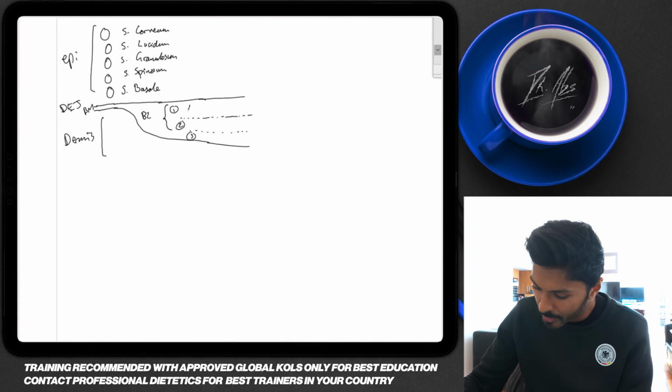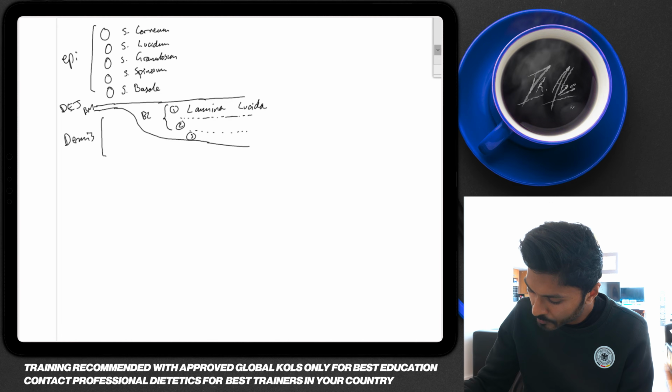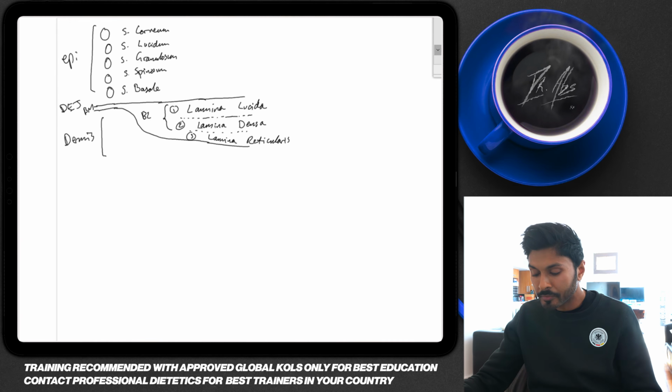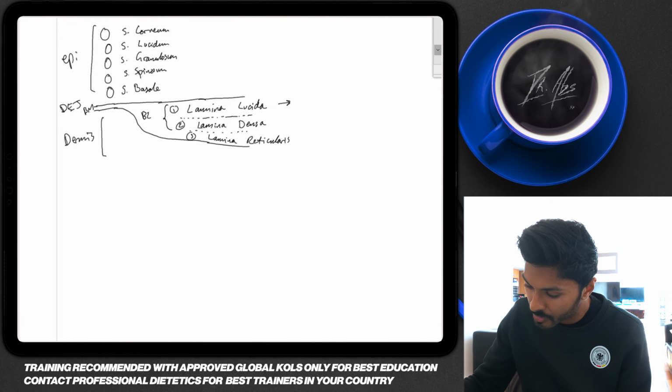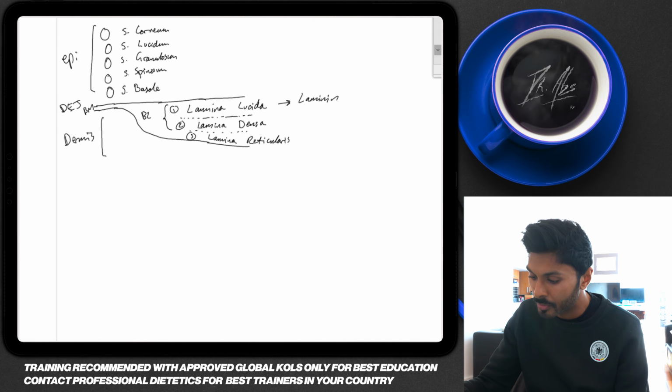Okay. So the top layer, we have the lamina lucida, and then we have the lamina densa, and then the lamina reticularis, okay? They're heavily dependent on certain things. So lamina lucida, for instance, is heavily dependent on laminin, specific protein.